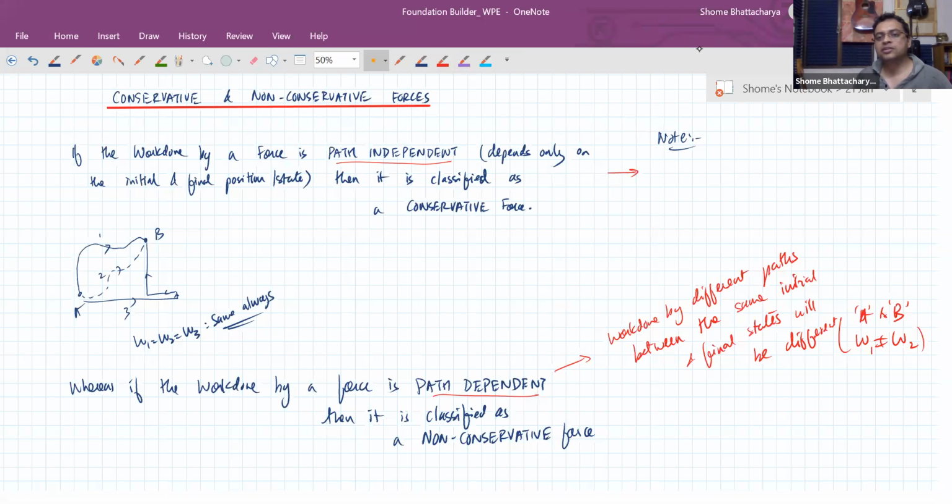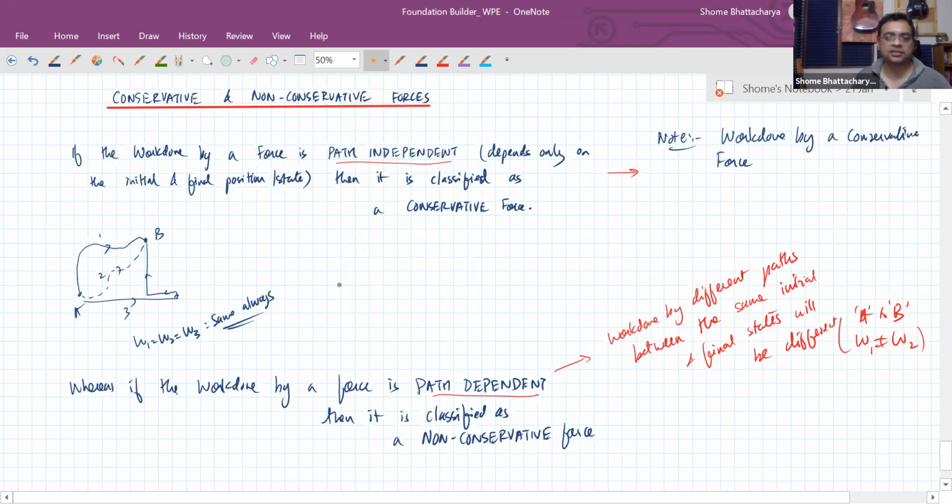for a conservative force, the work done by a conservative force in what is called a round trip. What is the meaning of round trip? If your path is a closed loop, like you started from some point E, and by whatever path you came back to that same point E, this is called a closed loop.